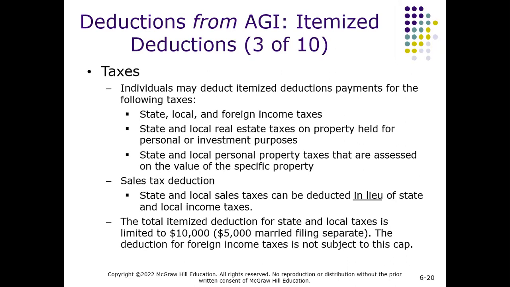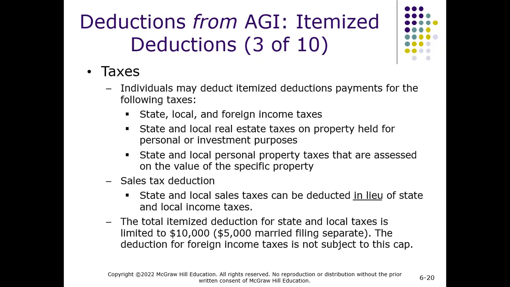Just about every type of medical is allowed here, except for plastic surgery, unless it's to correct an accident or a birth deformity. But the bullet points on page 6-12 really give you a good feel for all of the different expenses.